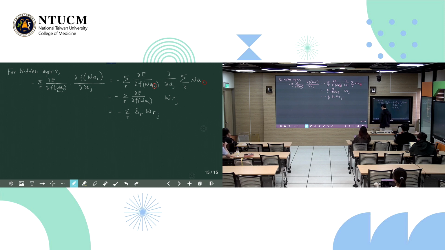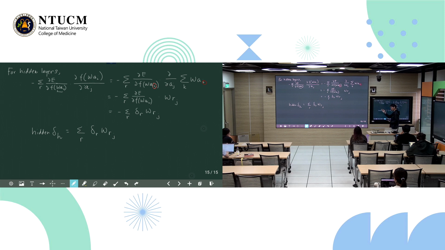So that hidden delta is equal to the sum over r of delta of r times the weights. And you note that I reversed the r and the j.